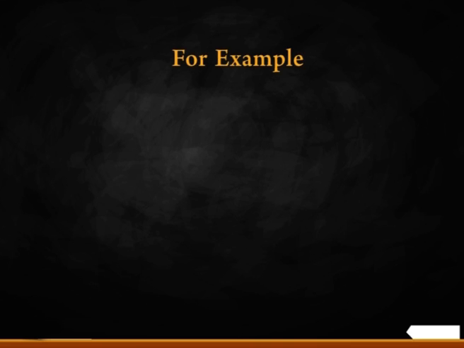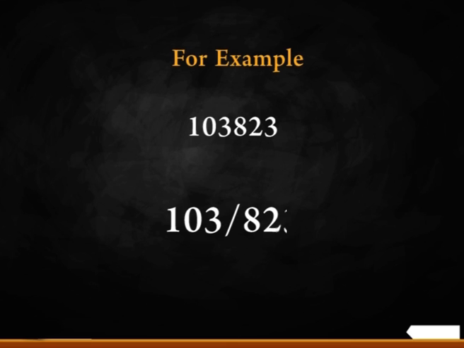For example, if you are given the number 103,823, you will put a slash before 823 and represent it as 103/823. If a number given to you is 39,304, you will represent it as 39/304. You will put a slash before the last 3 digits.